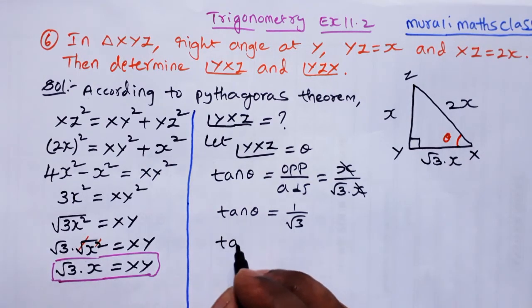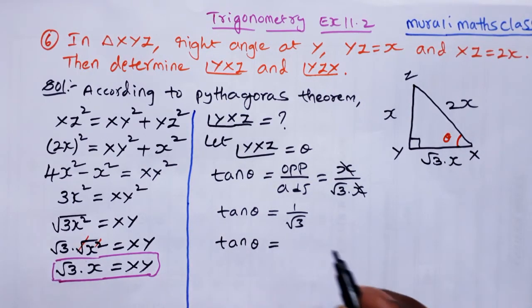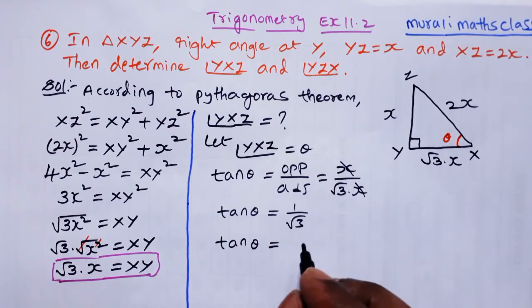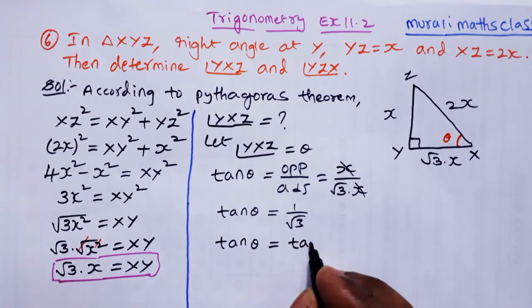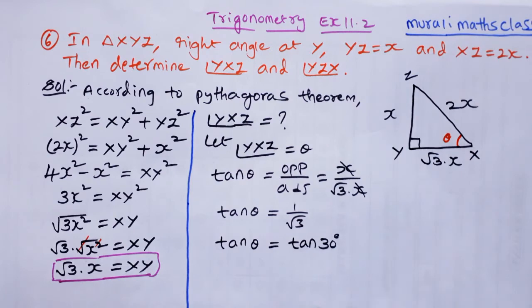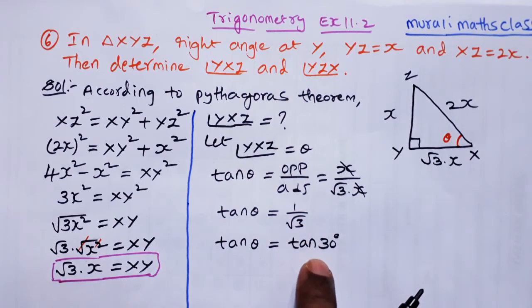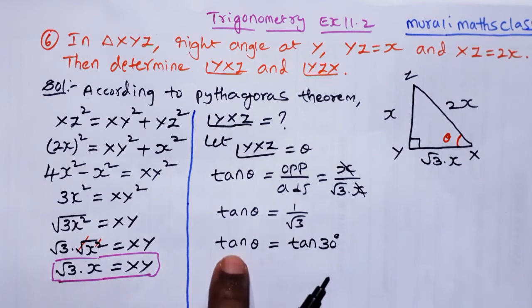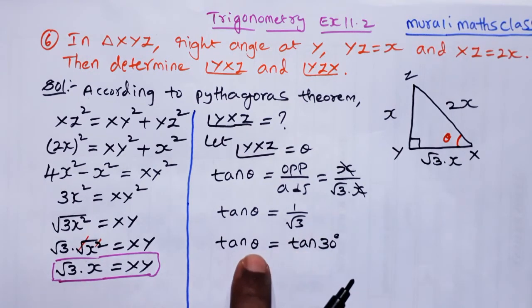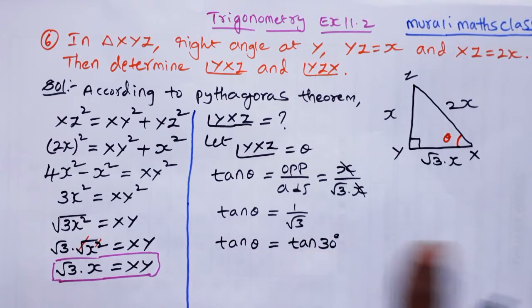Then tan theta equals to 1 by root 3 in tan ratio. For what angle we will get? We know that tan 30 degrees is 1 by root 3. So I wrote here tan 30. Now by comparison, in the place of theta, what we have? 30 we have. So theta answer we got now.